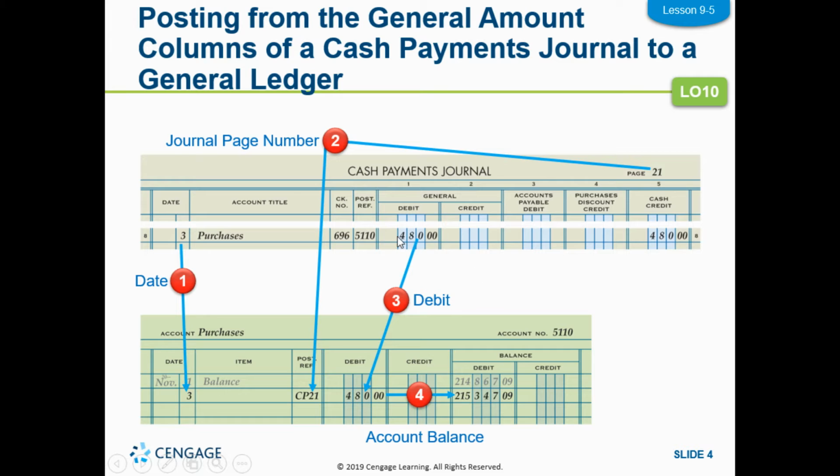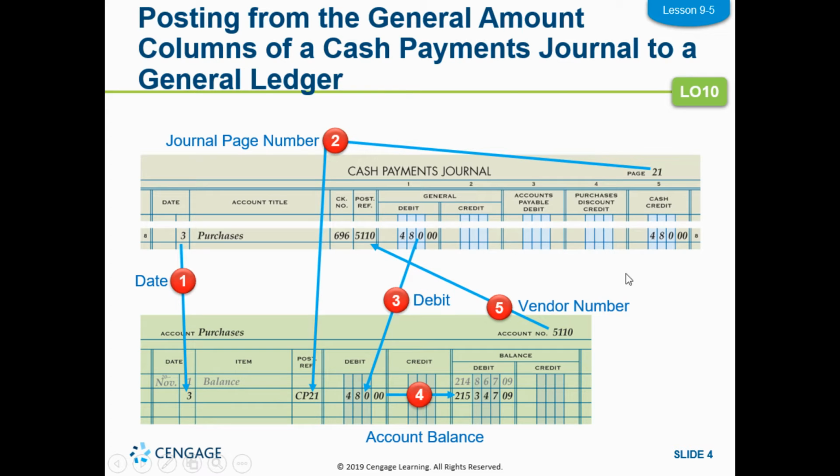Now we're only going to post general debit and credit entries, and accounts payable debit entries, but that just to the accounts payable ledger. You'll catch on here as we go along. So we posted that, and then we go back, put the account number, 5110, put the general ledger account number back in the post reference in our cash payments journal, just like we did a couple chapters back in the general journal.